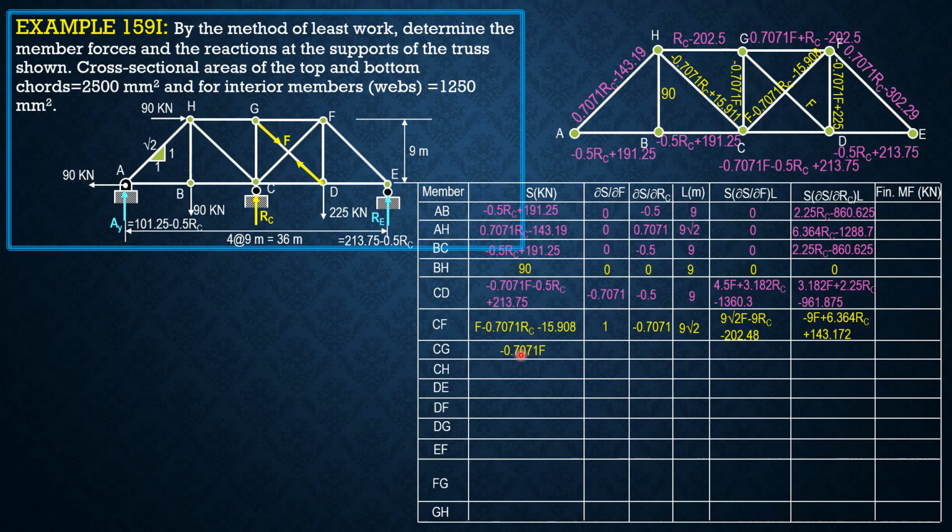Then CG, negative 0.7071 F. Partial derivative, negative 0.7071, here 0. Length 9. Product here 4.5F, then here 0.